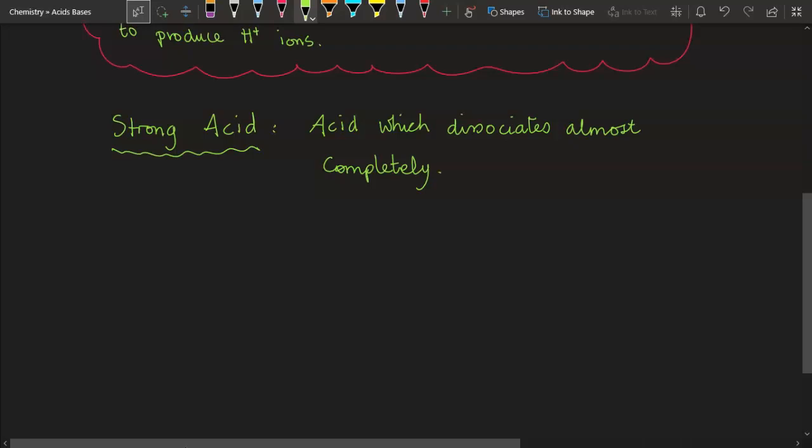And again, we've got some examples of that. Examples of a strong acid would be HCl, H2SO4, which is your sulfuric acid, and then also things like nitric acid, which would be HNO3. So this is nitric, sulfuric, and we've got hydrochloric.